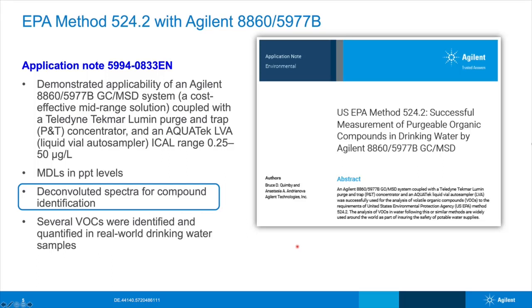And the purpose of it was to demonstrate the applicability of an Agilent 8860 5977 GCMSD system, which is a cost-effective mid-range solution coupled with the Teledyne Tecmar Lumen Purge and Trap concentrator and the Aquatech LVA liquid sampler. And the ICAL range was from 0.25 to 50 microgram per liter.